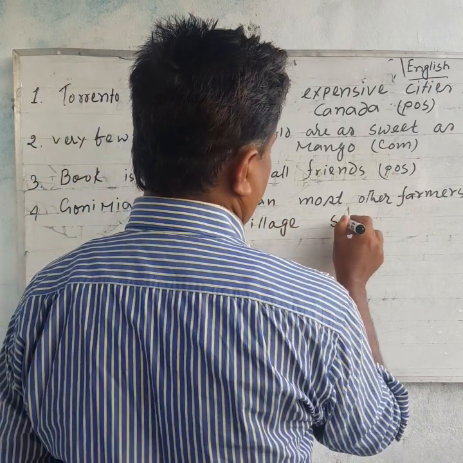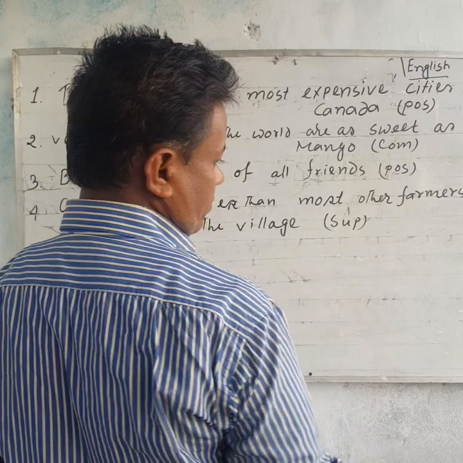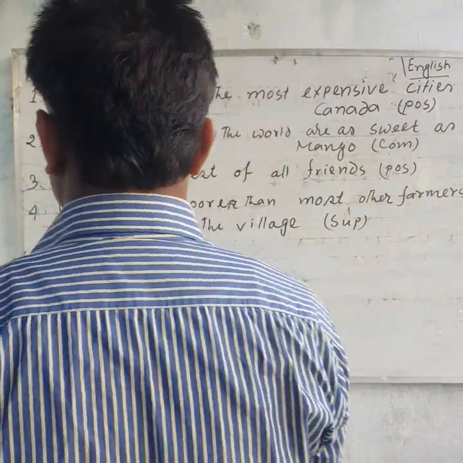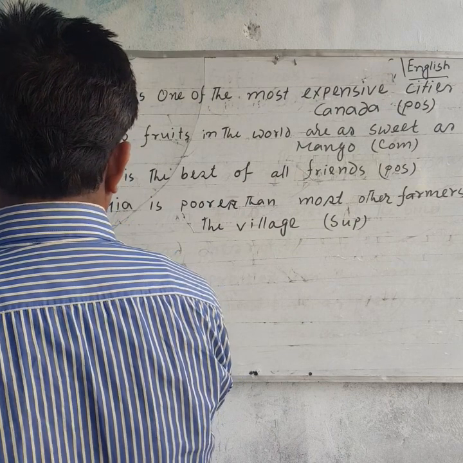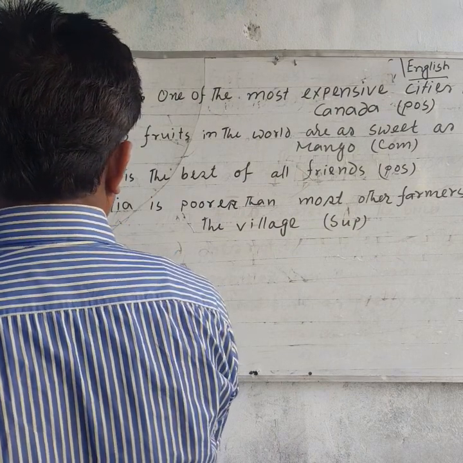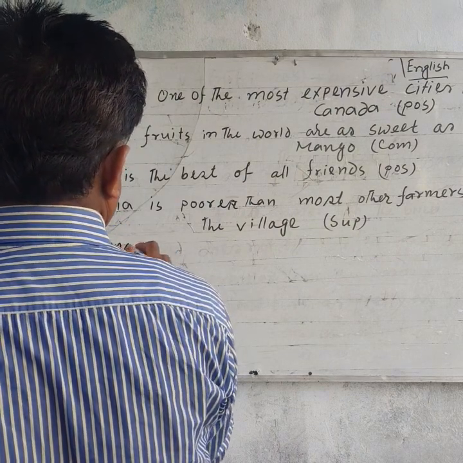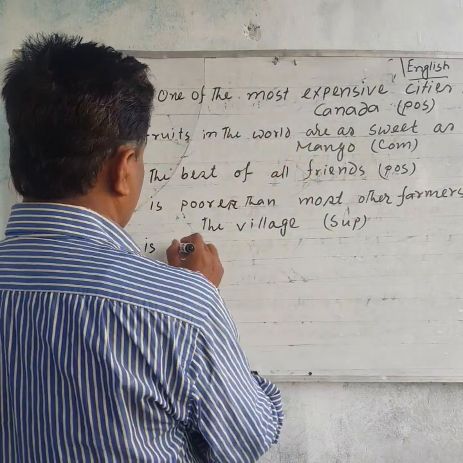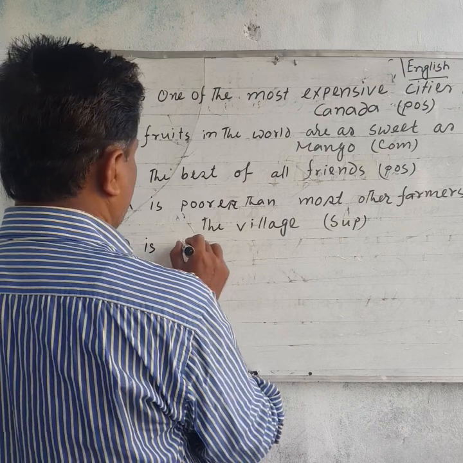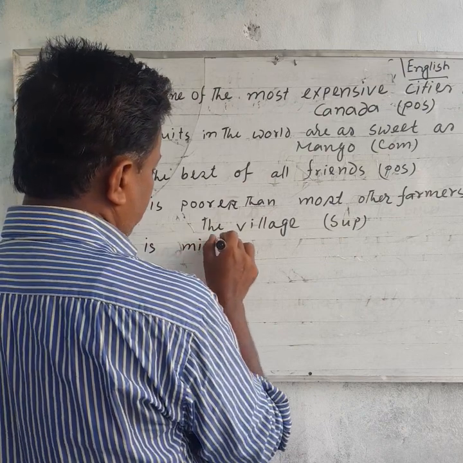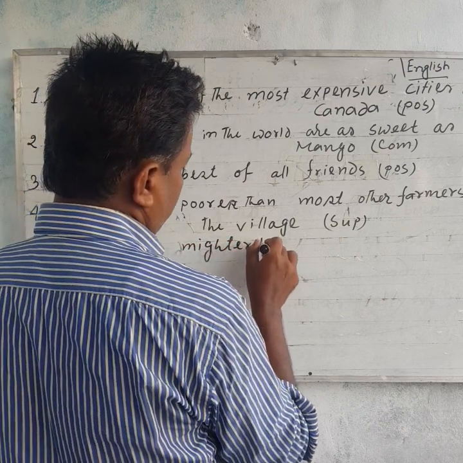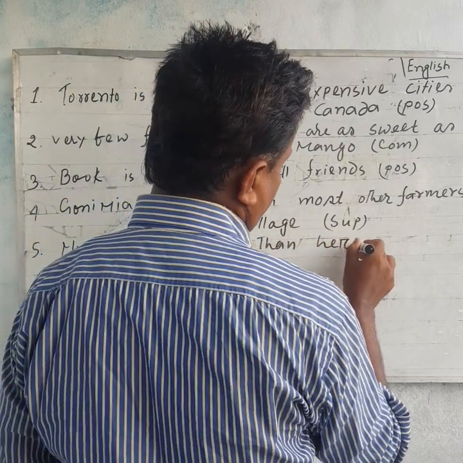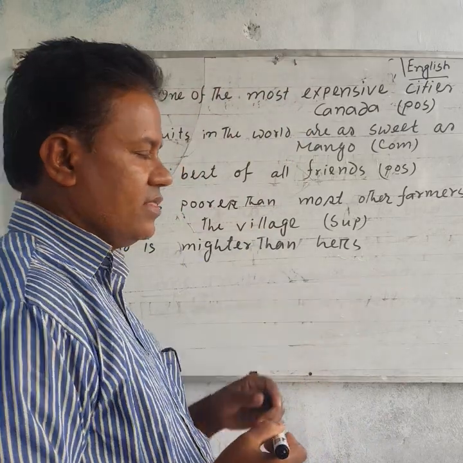Make it superlative. Number 5: My hand is whiter than hers.